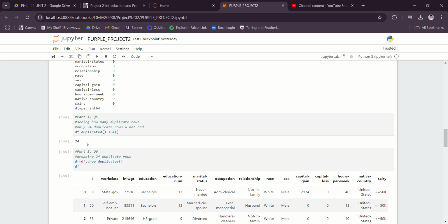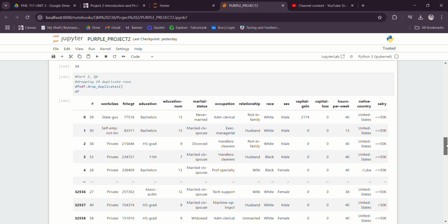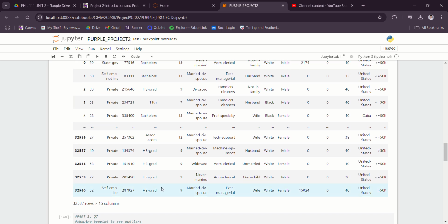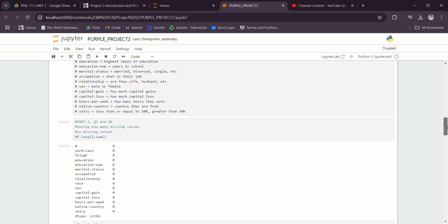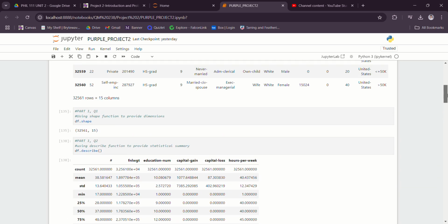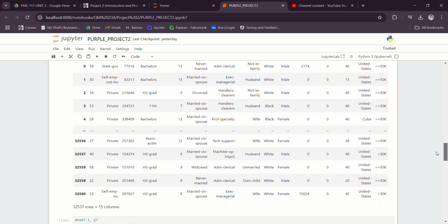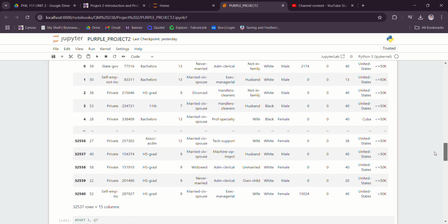There were only 24 duplicated rows, which isn't bad, but anyway, I went ahead and I dropped those duplicate rows by doing the .drop_duplicates function. As you can see, it went from 32,561 rows to 32,537 rows, so it did drop some.